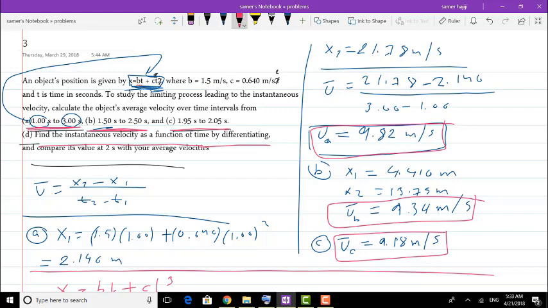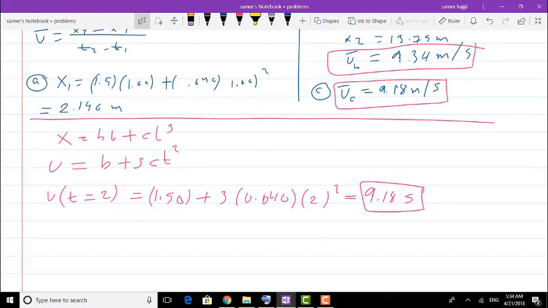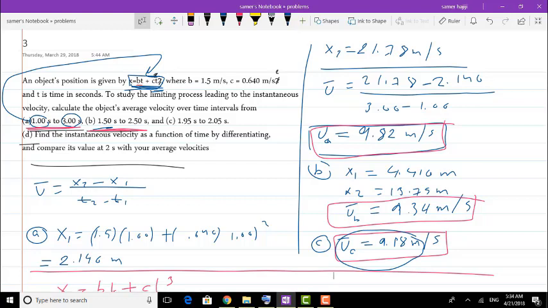And we can notice also that the instantaneous velocity is 9.18 meters per second, and it is equal to the average velocity of the time interval at C. So, as the time interval is getting shorter, we are going closer to the instantaneous velocity.